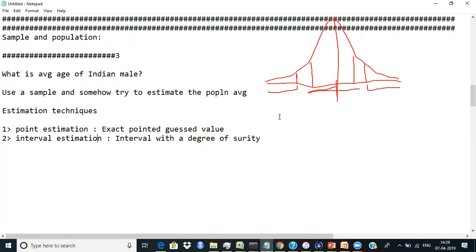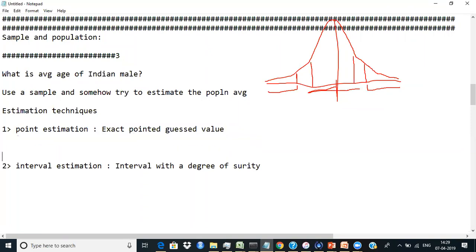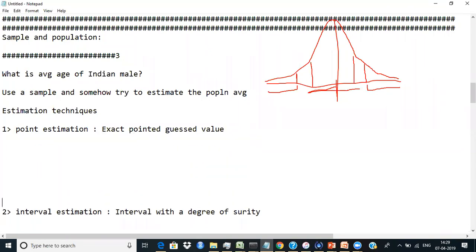Okay. Now, let's start with point estimation because it's simpler, right? Whenever we talk about point estimation, we are typically interested in two things about population, two major features of any distribution.